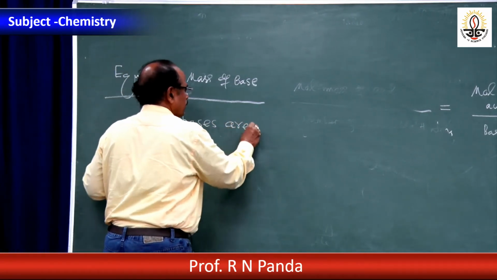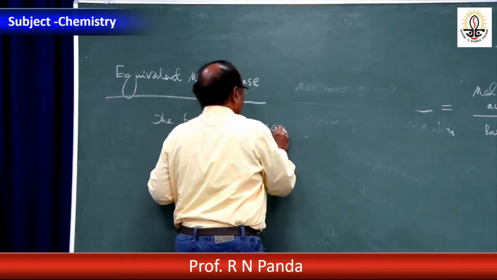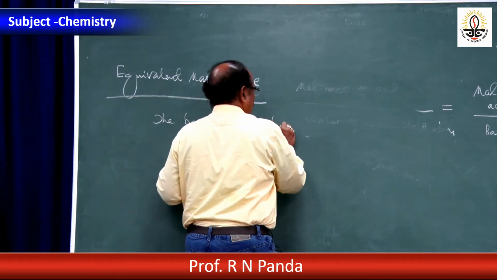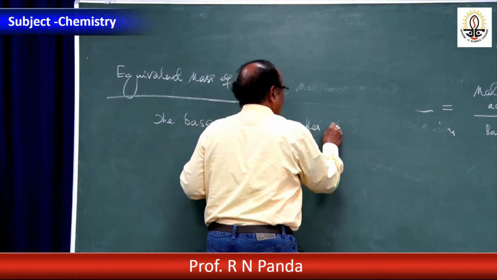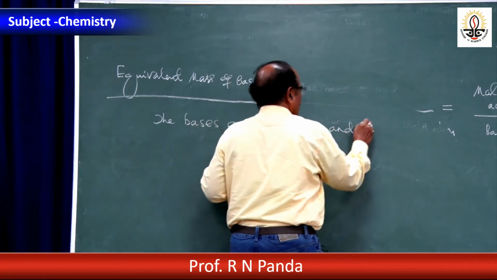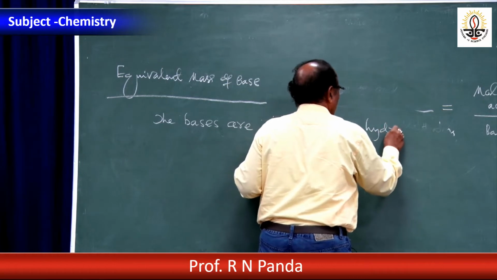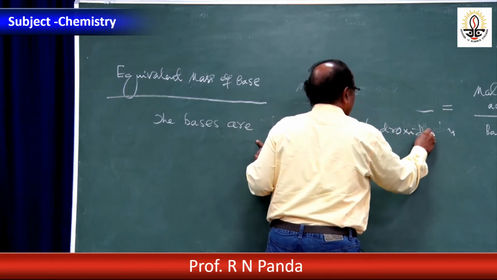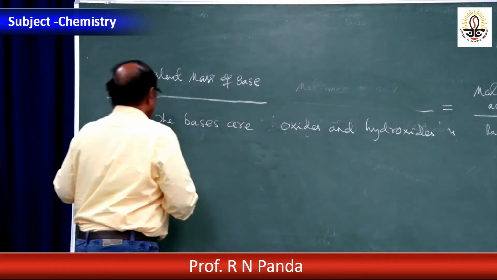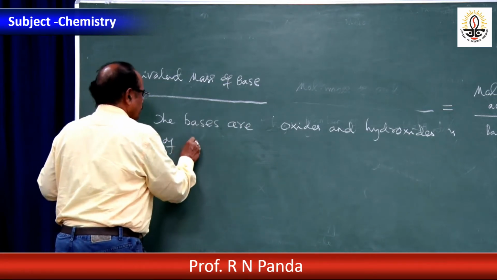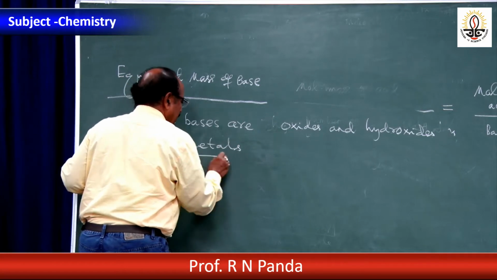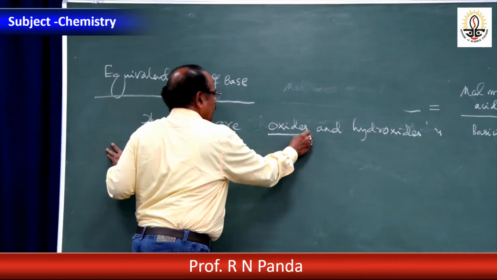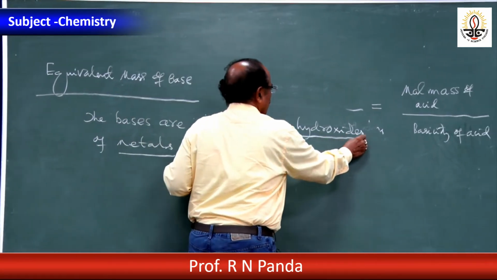Bases are the oxides and hydroxides of metals. So, metal oxides and metal hydroxides are called bases.